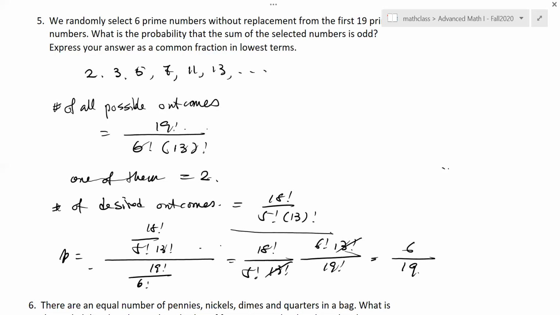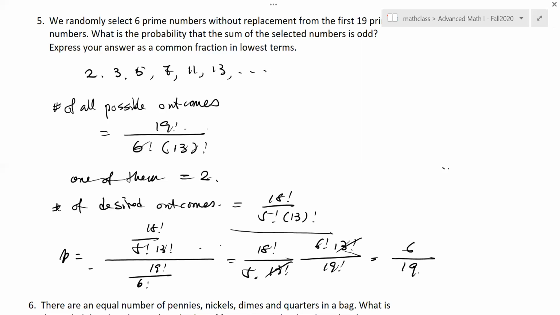Okay. So the answer is going to be, yeah, this is probably different, right? Now there's a similar problem you can think about. I'm going to maybe do it a little bit later.